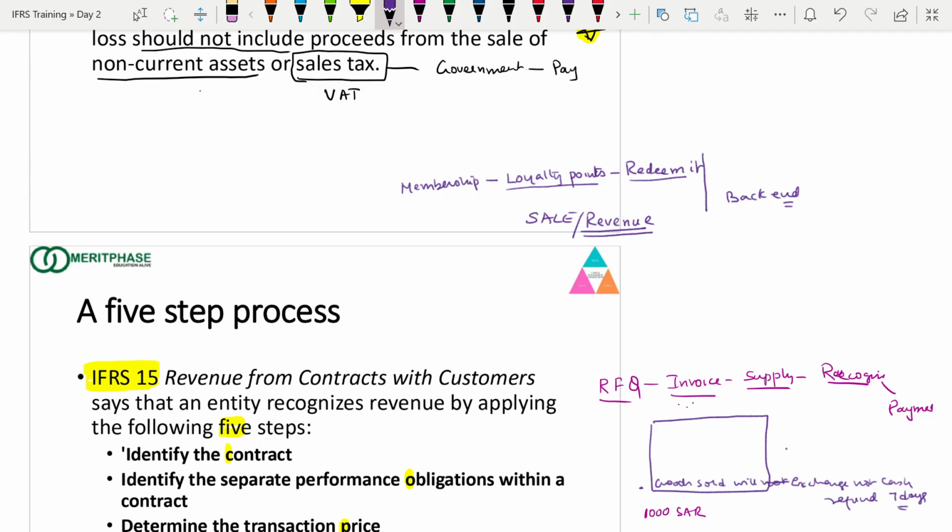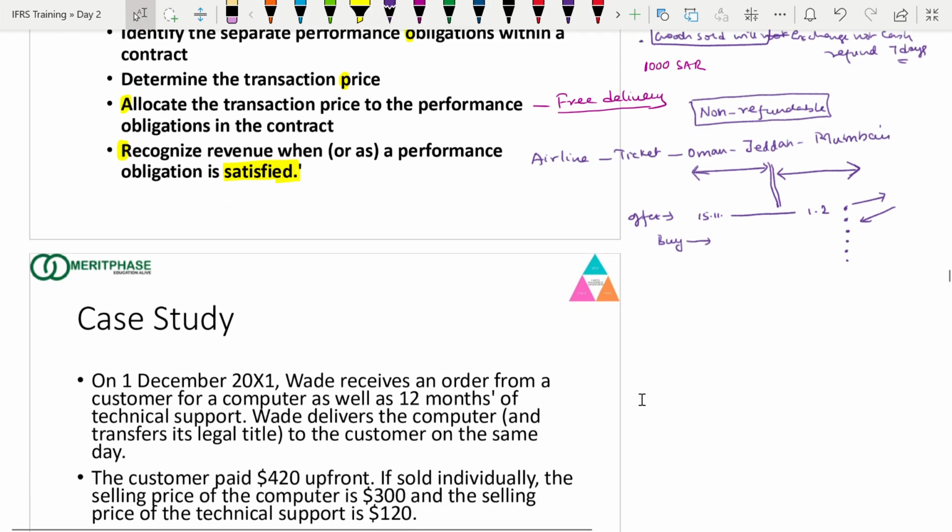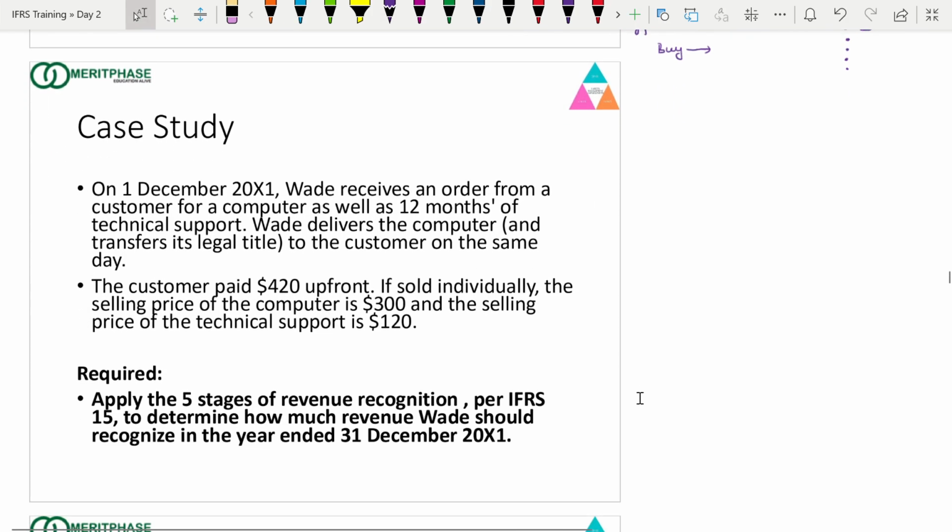Is it clear to you? Yes. Okay. Now you see the things. Just read this one. I already explained. You all should get involved and explain to me how we have to recognize the revenue.